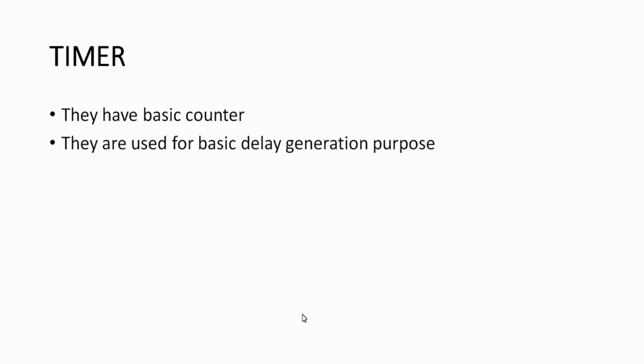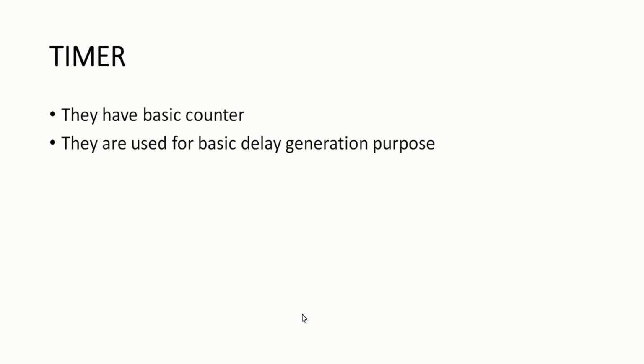Advanced timers are timer 1 and timer 8. Basic timers are most probably used for counting purposes. They have a basic counter and are most widely used for simple time delay generation works.